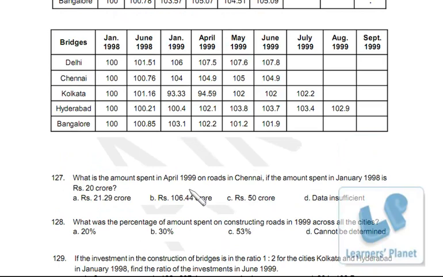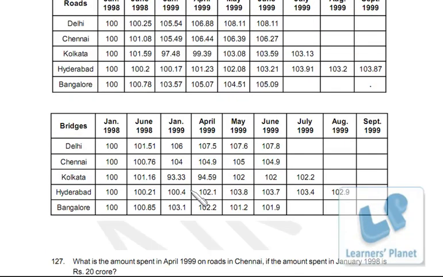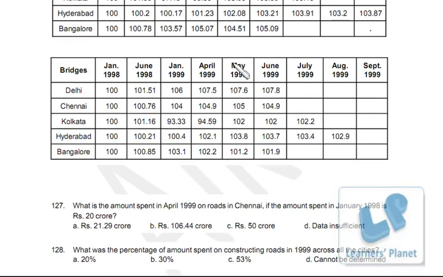Now, what is the amount spent in April 99 on roads in Chennai if the amount spent in January 1998 is 20 crore? Okay, so roads Chennai base is 100 and April 99 it is 106.44. Right, now this 100 is basically 20, so the increase is actually 6.44%. So from 20, if we take an increase of 6.44%, 6.5% of 20 is between 1.2 and 1.3.